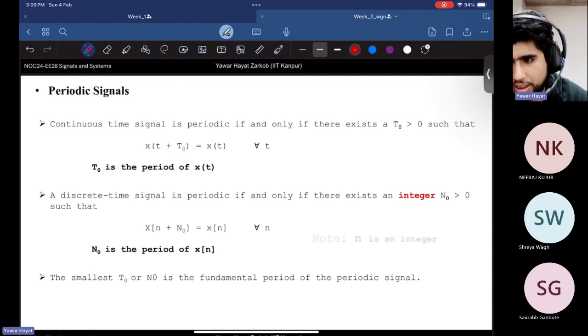However, in discrete time signals, since n is an integer, we impose a condition that this period N naught should also be an integer greater than 0, such that this equation is satisfied. N0 is the period of x of n. And this smallest N naught is the fundamental period of the periodic signal.